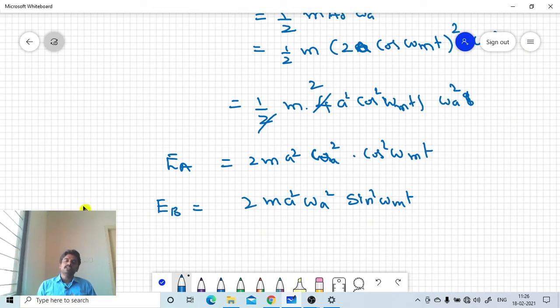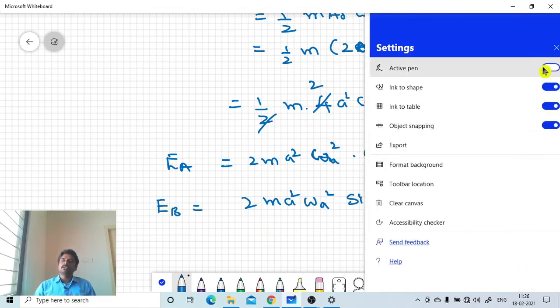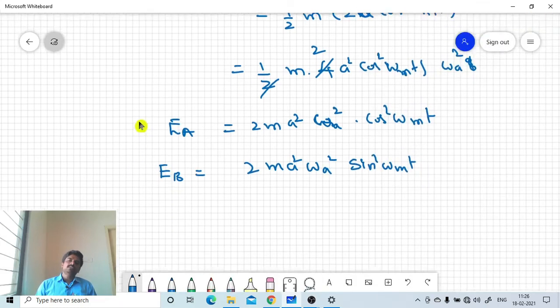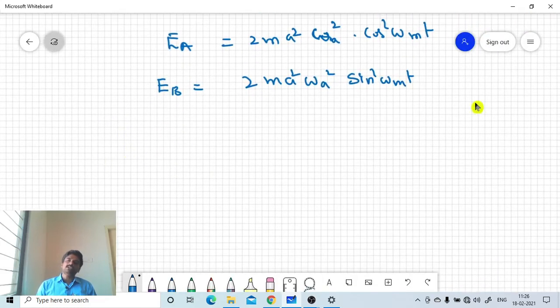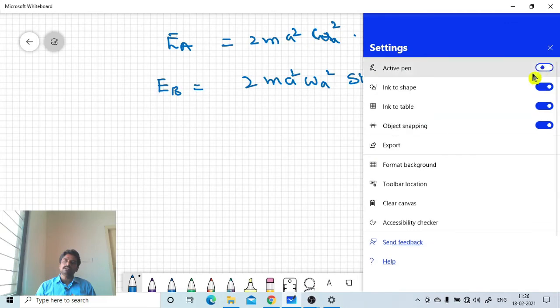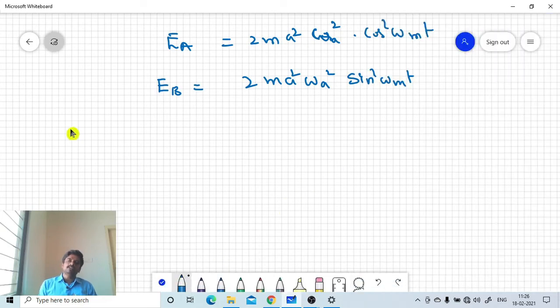In a similar manner, if you do the similar pattern, we will get the value of Eb also. Then the total energy of the coupled system, that is our target. The total energy of the coupled system is E total is equal to EA plus EB.